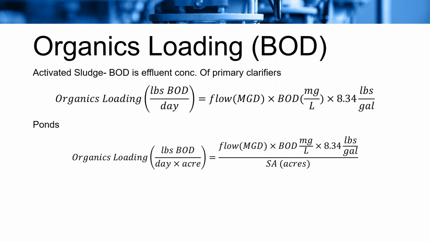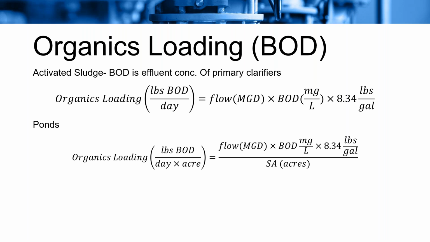Next, we have organic loading that you might see for activated sludge. This problem, like you can see, the organics loading is typically what you'll see just for a normal loading problem. You're just going to multiply the flow times the BOD times the unit conversion. But the BOD is what you might find from the effluent of a primary clarifier.